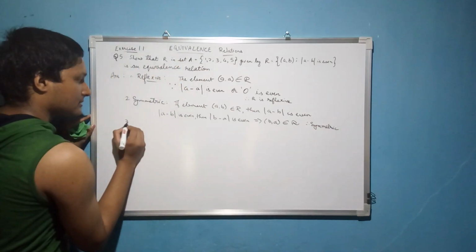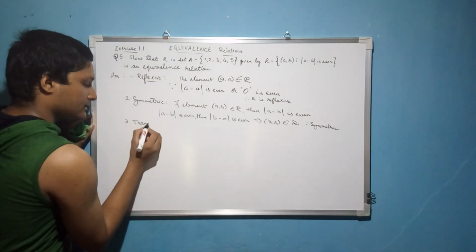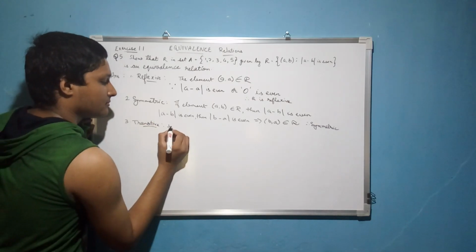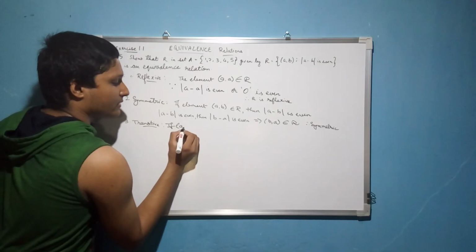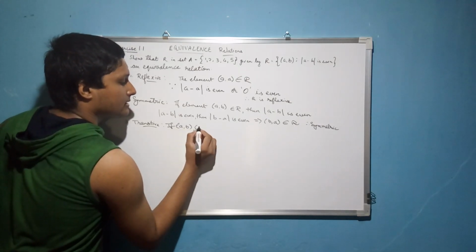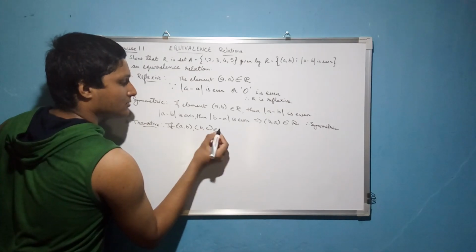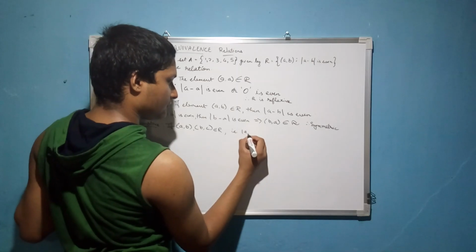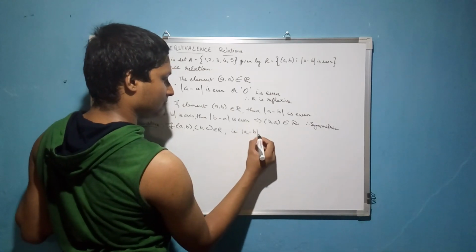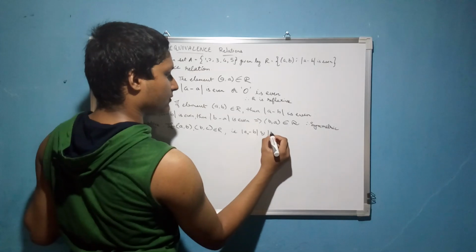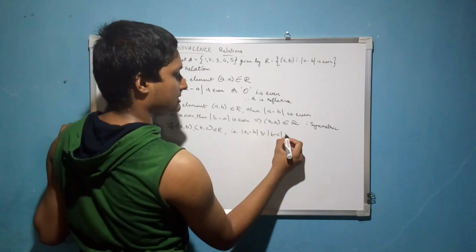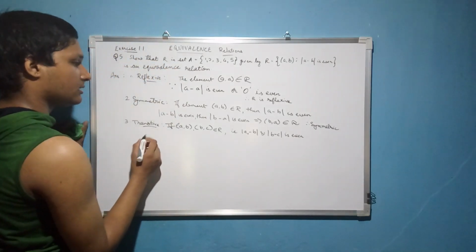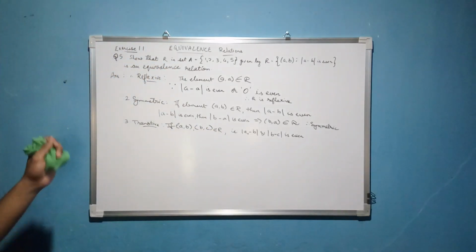The third one is, it should be transitive. There should be two elements, say (a, b) and (b, c), that belong to R. That is, modulus of a minus b and modulus of b minus c are even.